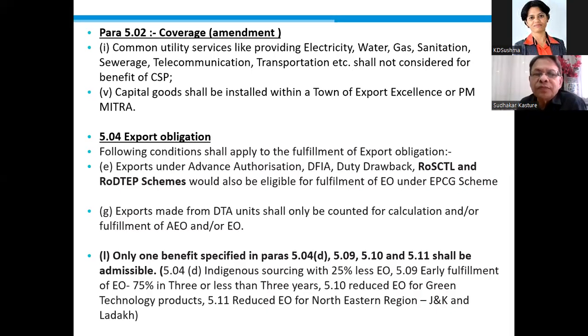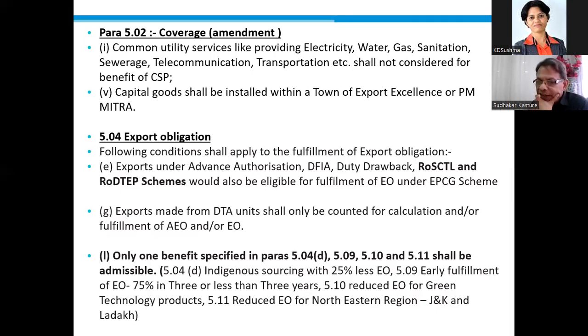Export obligation. The following conditions will apply. Export under advance authorization, DFIA, duty drawback. They have added these two new schemes, RoSCTL and RoDTEP scheme. You can claim the benefit of this. Exports made from DTA units shall be counted for calculation and fulfillment of AEO, that is, annual export obligation. Exports made from a DTA unit can be taken into account.